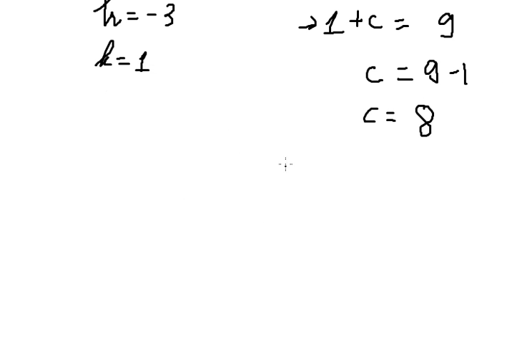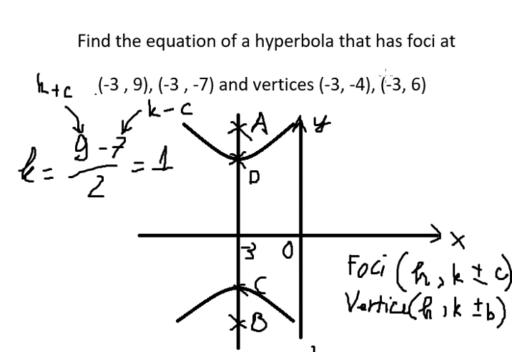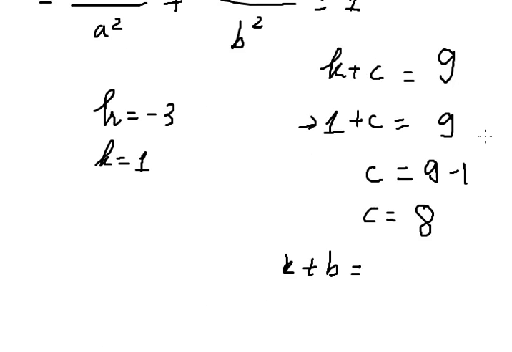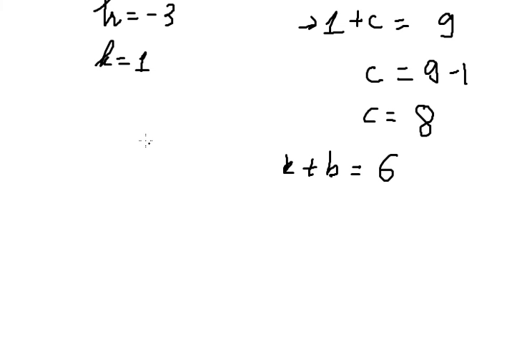Now I will choose k plus b, the highest one. So that should be 6. So I will put 6 in here, and I will put k in here. So I will put 1 on the right, and we have 5.